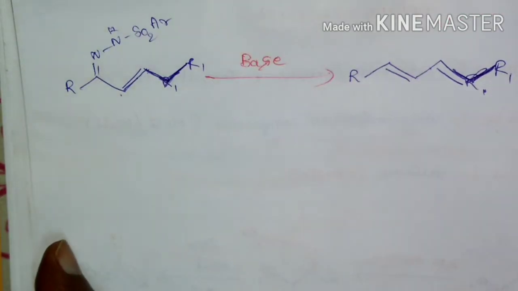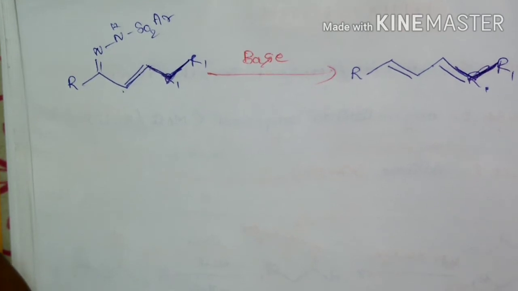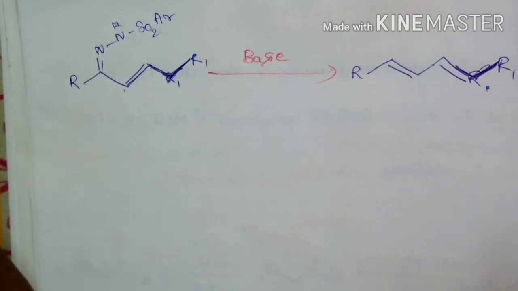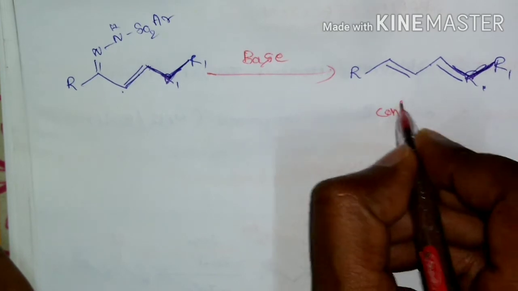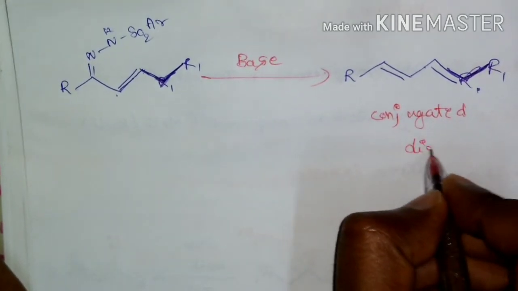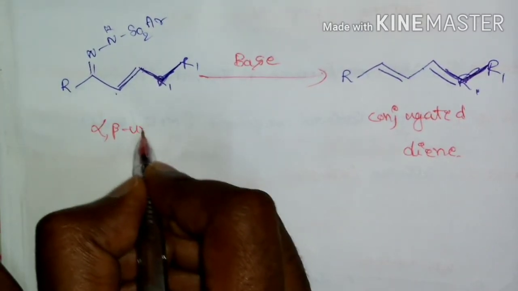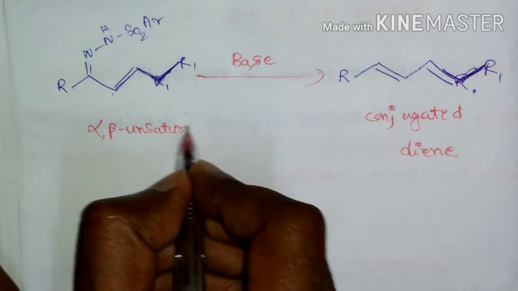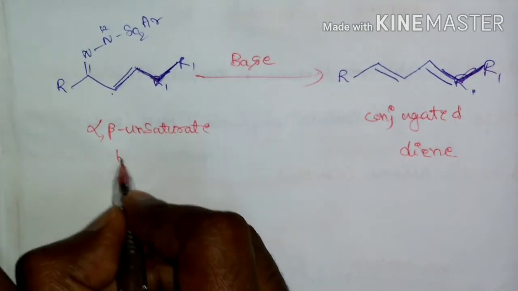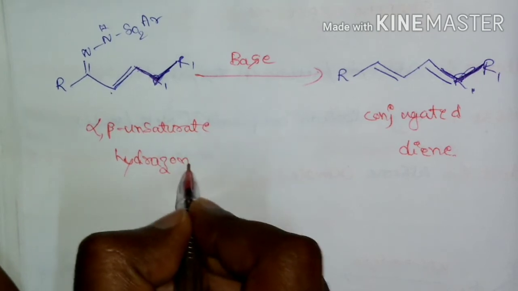So what happens if we treat alpha beta unsaturated tosyl hydrazone is, we are going to get a conjugated diene as the product. So this is alpha beta unsaturated tosyl hydrazone.